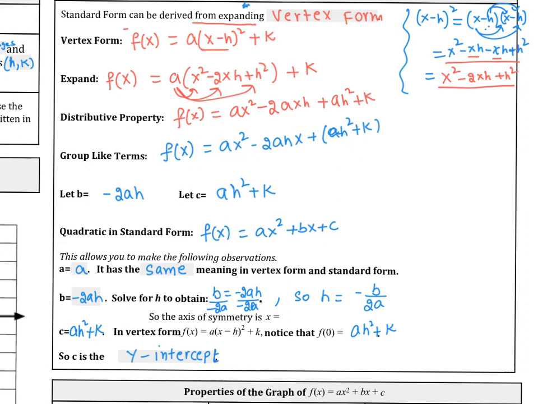So you can plug in x as 0 here, and this whole thing becomes 0. What you're left with is ah² + k, that is c right here. And that is also called the y-intercept. So the y-intercept will be c.